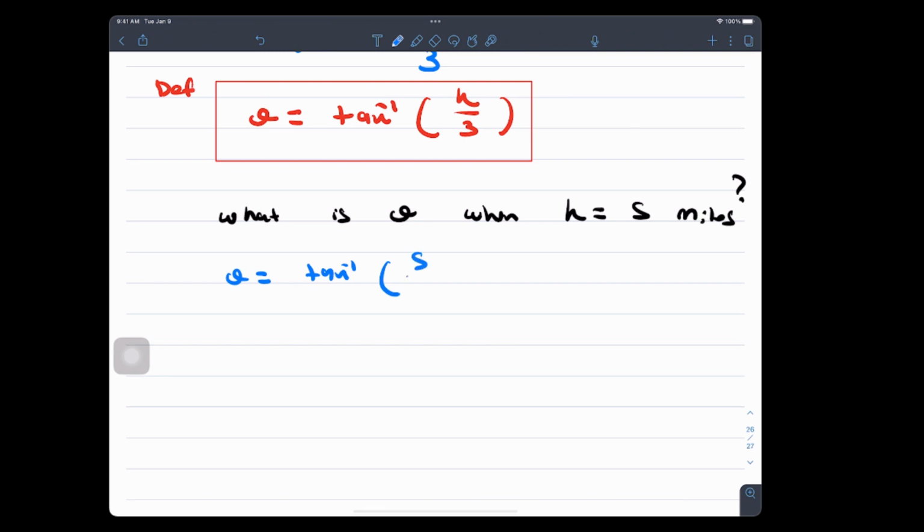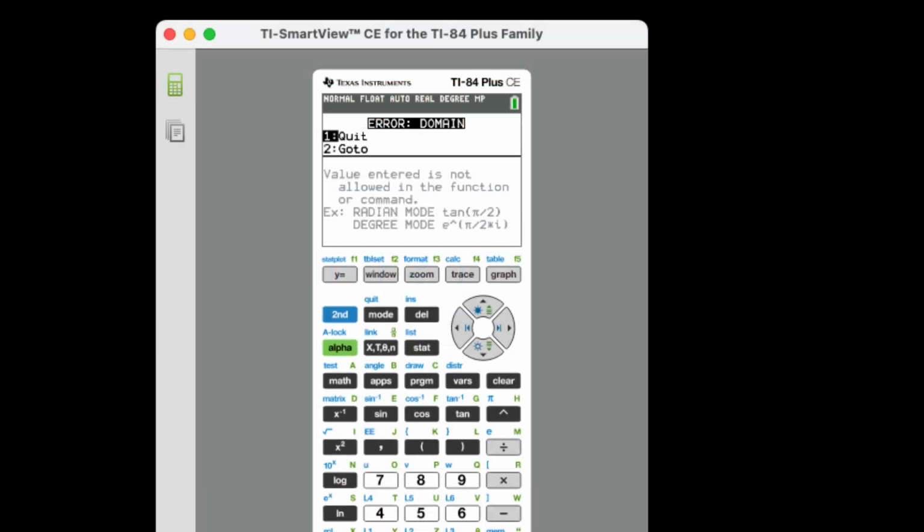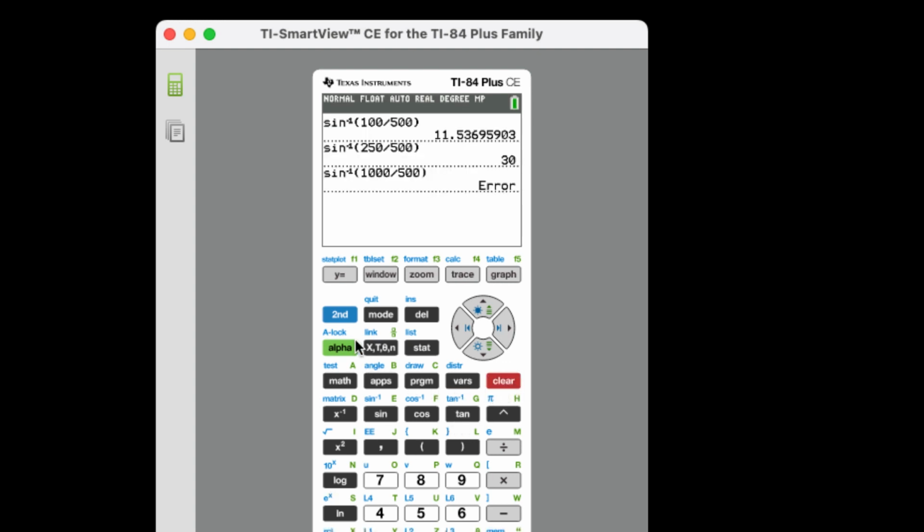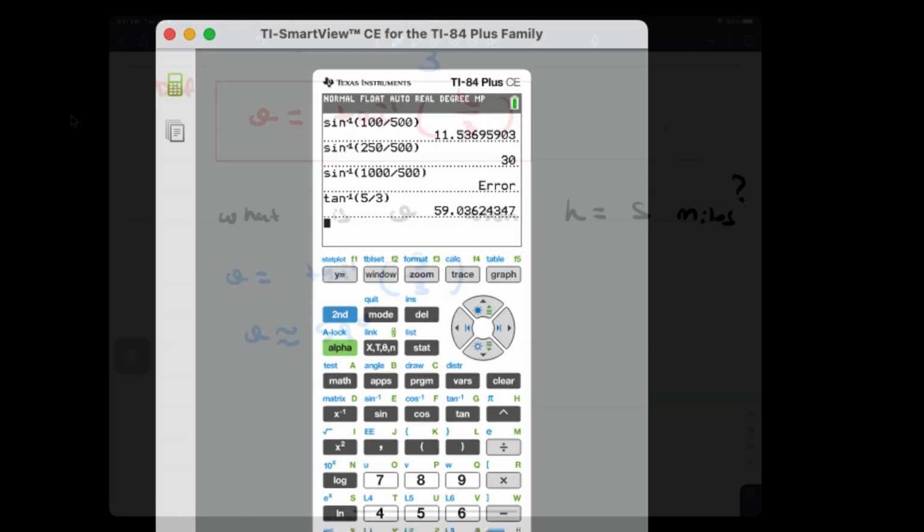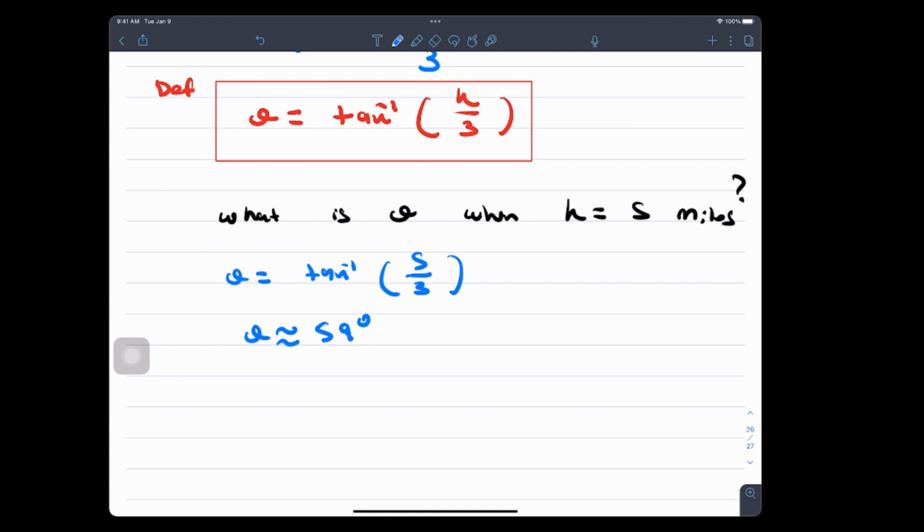Well, that's 5 over 3. Is that right? So you go to the TI, and this is, again, why they had you do the calculator versions here. So look at this: inverse tangent, 5 divided by 3. This is why you want to know how to use that as well. What is that angle of elevation to the nearest degree? Let's do degrees here. 59 degrees. So you have a 59-degree angle of elevation there, ladies and gentlemen.